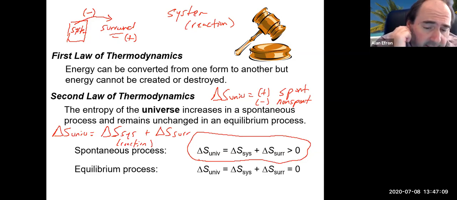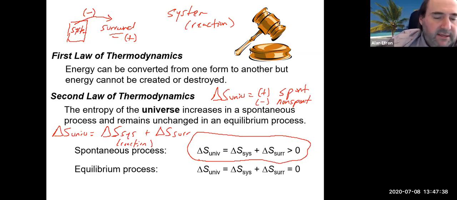If you happen to calculate delta S of the universe and it equals 0, then the system is at equilibrium and there really is not going to be spontaneous heading to the products or reactants. It's going to kind of maintain where it's at, right? Basically what equilibrium means. Everything's going back and forth at the same rate. So it'll maintain where it is in terms of a reaction, not going to head one way or the other in that particular reaction.